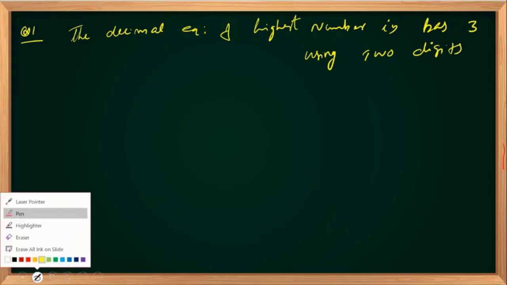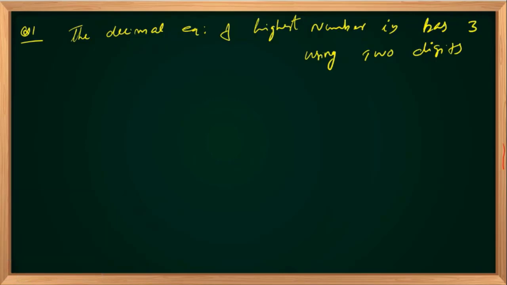You're having a base 3 number, and you should identify the decimal equivalent of the highest possible number in base 3 using 2 digits.